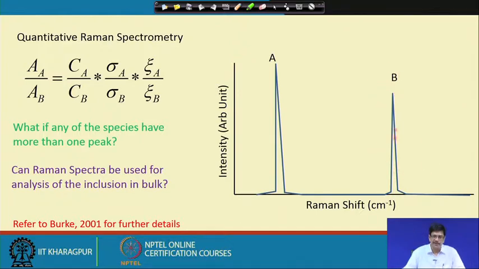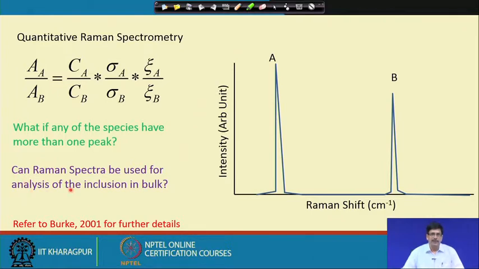So it becomes a matter of choice which particular peak is to be considered, or whether both peaks can be considered with some kind of averaging. The practice has always been, in the case of carbon dioxide, to choose the peak at 1388 centimeter inverse, take the peak area, then take the ratio of that peak area to a methane peak, and calculate this particular ratio.